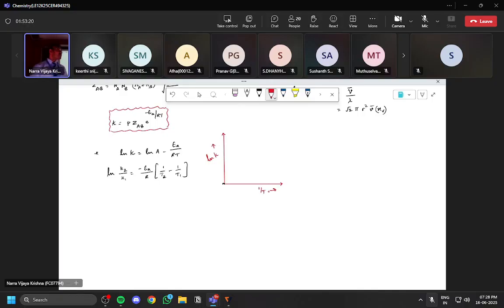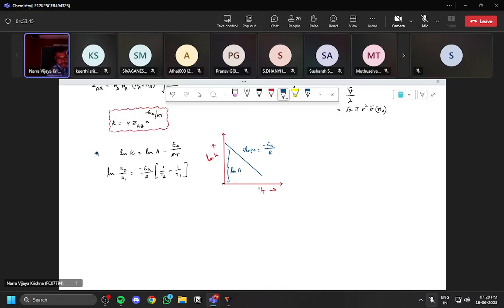Ln K versus 1 by T graph. Intercept is ln A, slope is negative. So the graph must be a straight line with negative slope. Intercept ln A, slope minus EA upon R. Correct? Any questions in it?